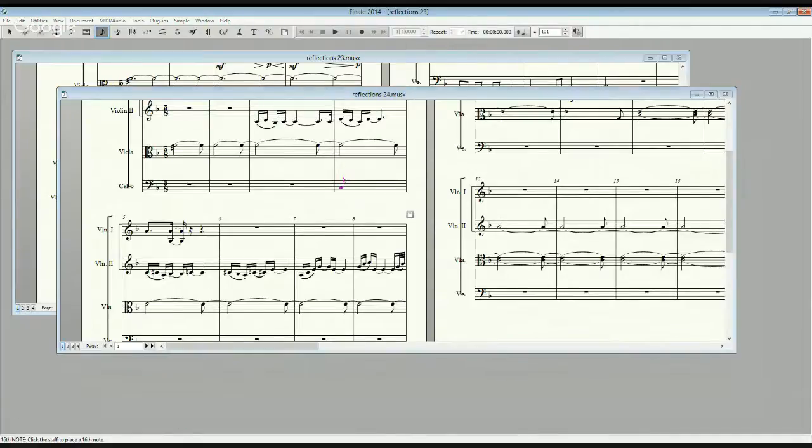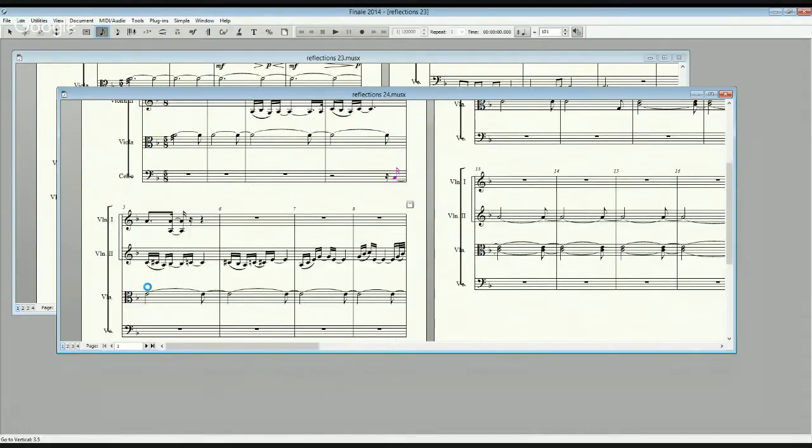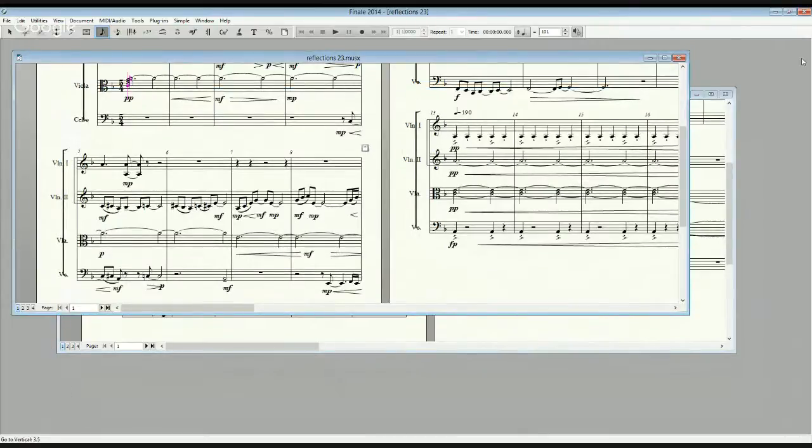So the rest now become. Okay. Two chords.